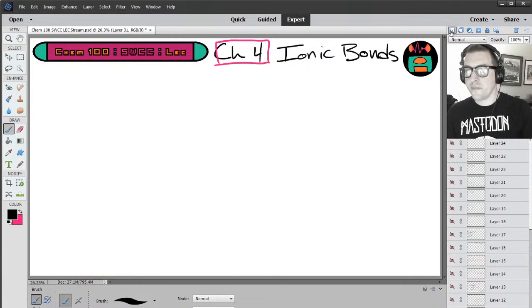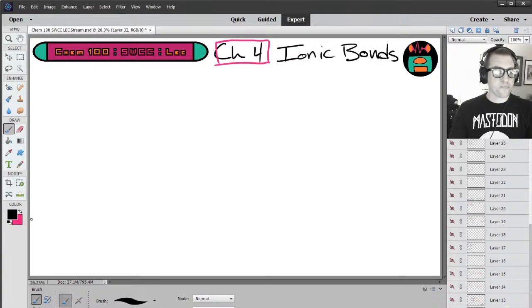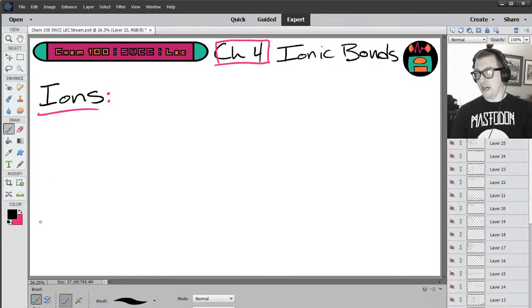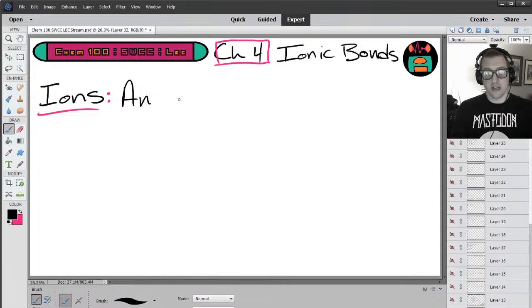All right. So let's talk about ions. So if we're going to talk about ionic bonding, we need to know what ions are. All right. Now, an ion is an atom or group of atoms.